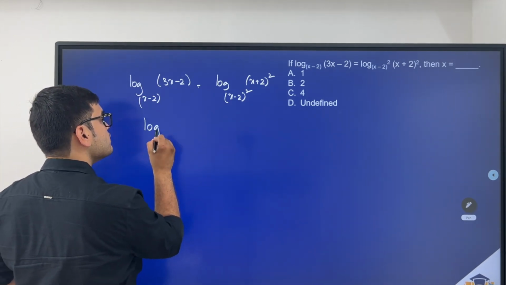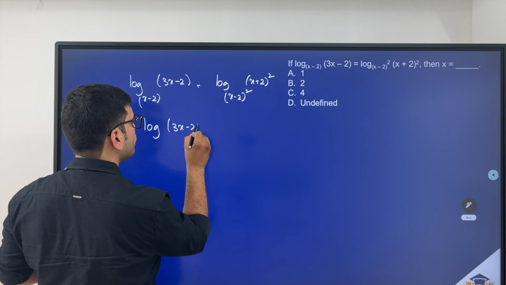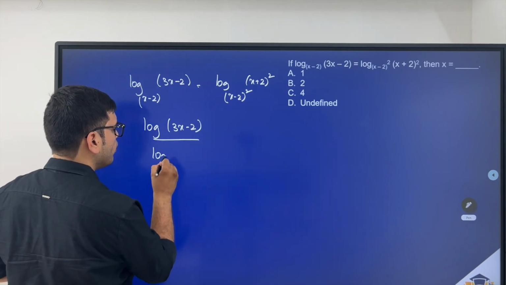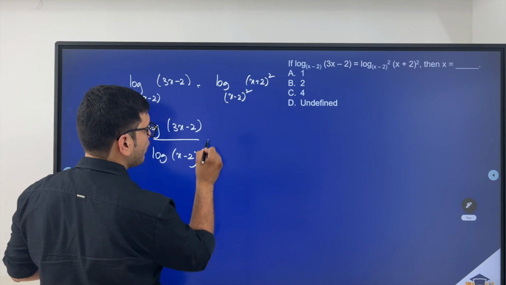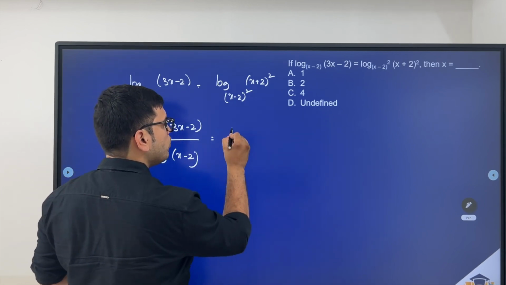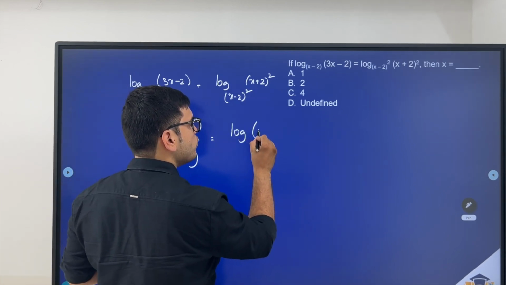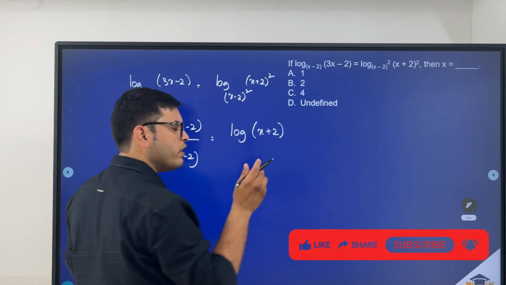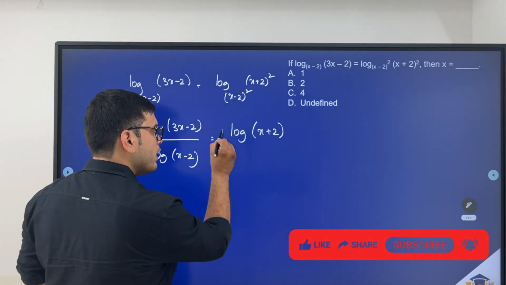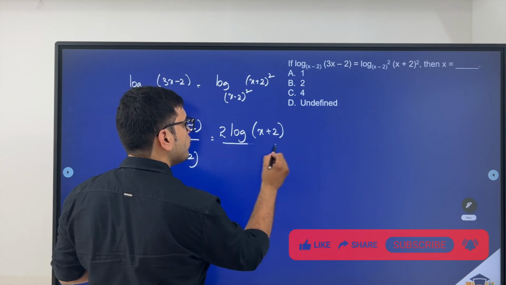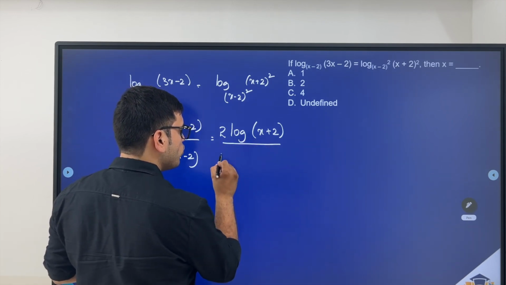So let me write this as log 3x minus 2 by log x minus 2. Now this should be equal to log x plus 2 whole square. Now log a square can also be written as 2 log a. So let me write this as 2 log x plus 2 by log x minus 2 whole square.